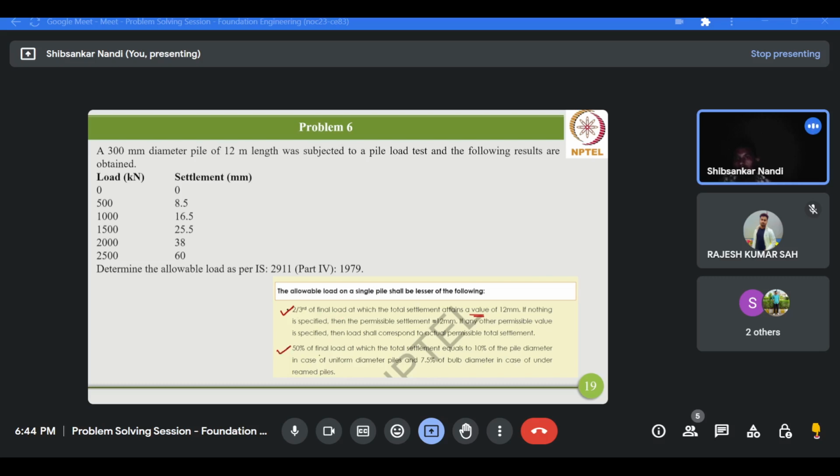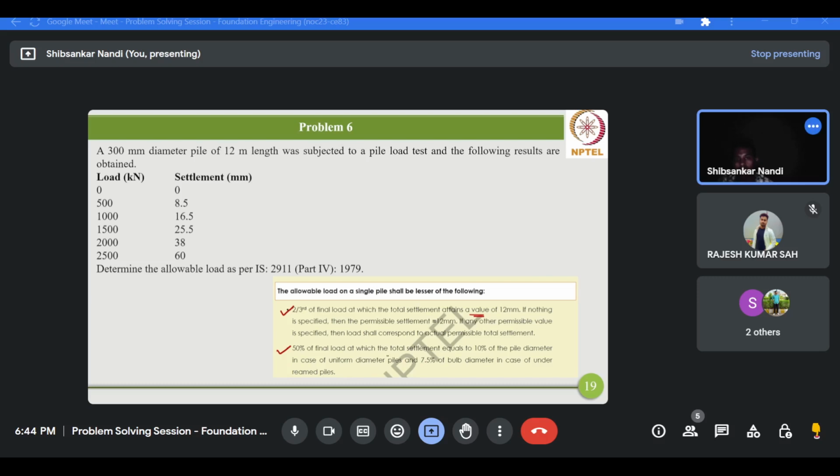Now coming to condition 2, this is 50% of final load at which the total settlement equals 10% of the pile diameter in case of uniform diameter piles, and 7.5% of bulb diameter in case of underreamed piles. For the present scenario, this is a uniform diameter pile having 300 mm diameter. So therefore the first portion of the statement will be applicable.